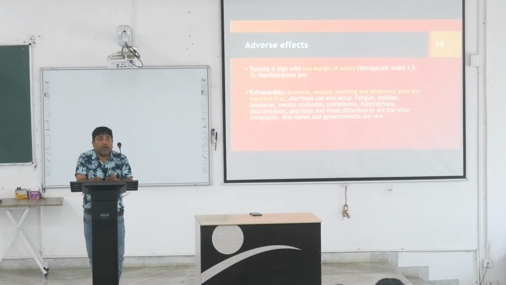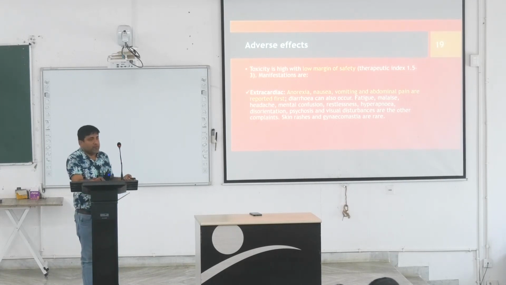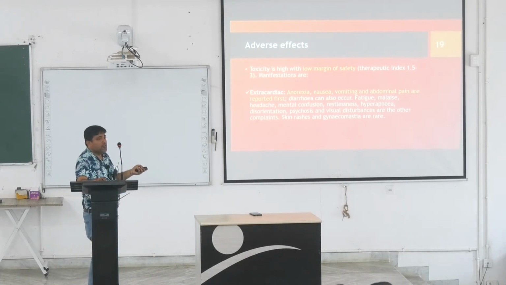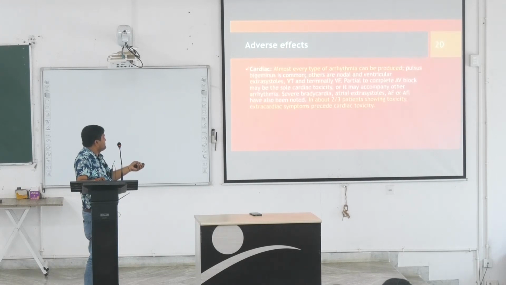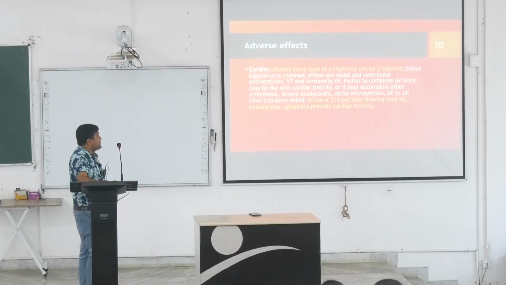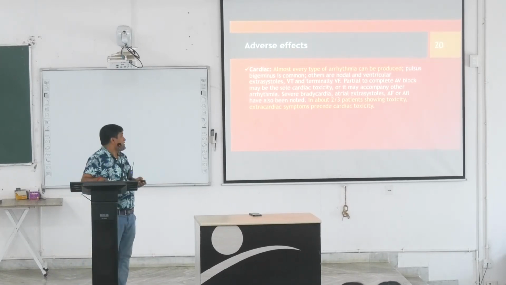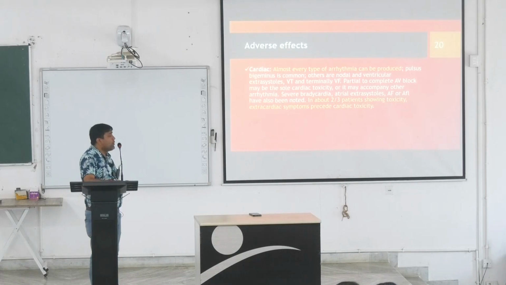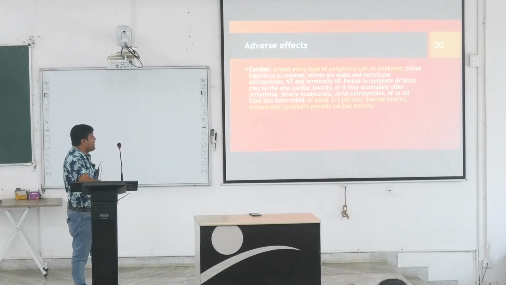So any type of arrhythmia is possible with digoxin toxicity. Almost every type of arrhythmia can be produced. Pulsus bigeminus is common. Other nodal and ventricular tachyarrhythmias or extrasystoles.